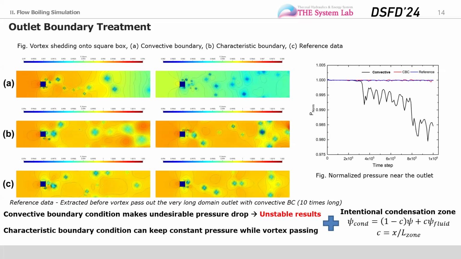As you can see in the right figure, the convective boundary condition makes an undesirable pressure drop after the vortex passes the outlet. Contrary to this, the characteristic boundary condition can keep the pressure constant while the vortex passes. So for the continuous flow boiling simulation, I adopt the characteristic boundary condition for the outflow boundary treatment.